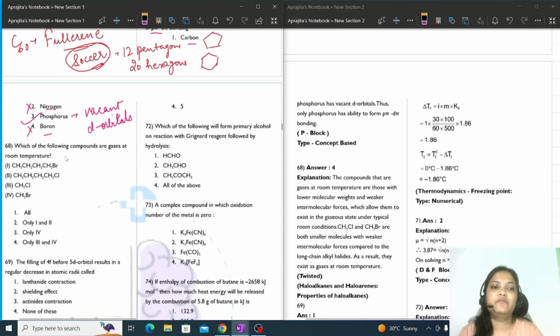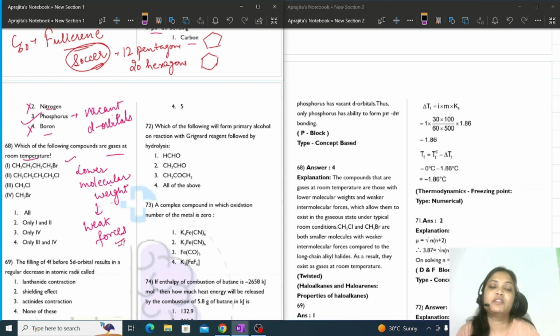Now question number 68, which of the following compounds are gases at room temperature? We know that the ones having low molecular weight will have weak forces of attraction. If they have weak forces of attraction, they will exist as gases. Usually the lower members of any homologous series exist as gases.